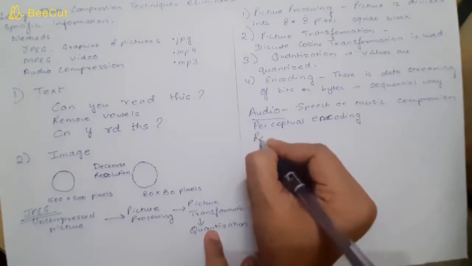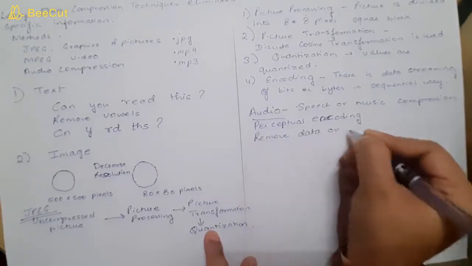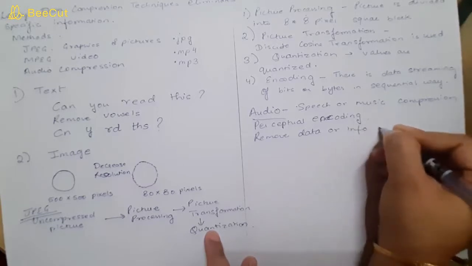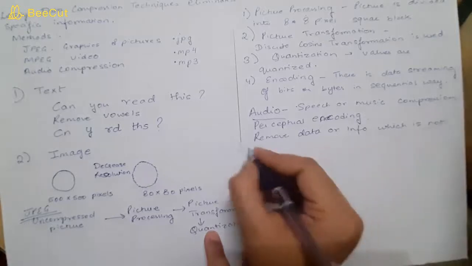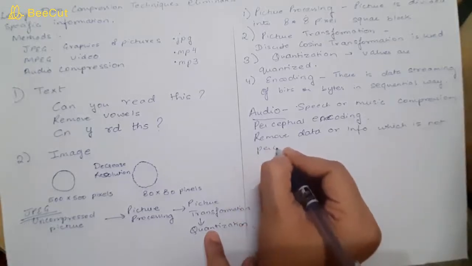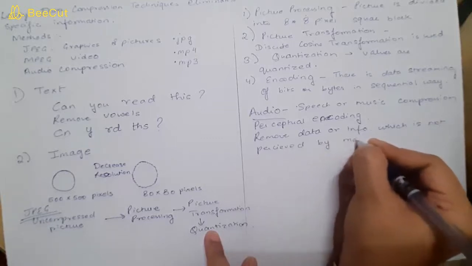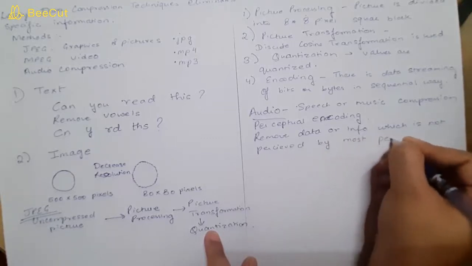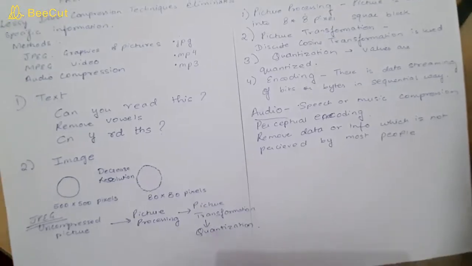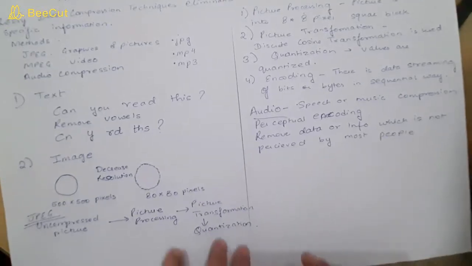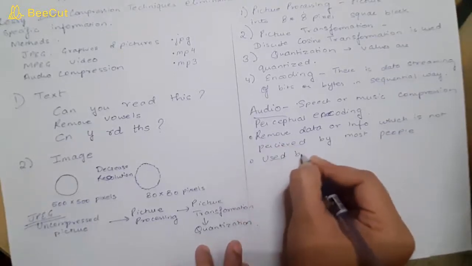So we remove the data or information which is not perceived by most people. It is basically used by satellite radio. So you can write it down: this is also used by satellite radio.